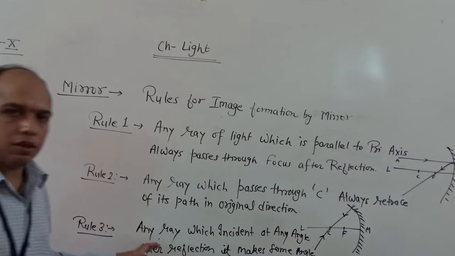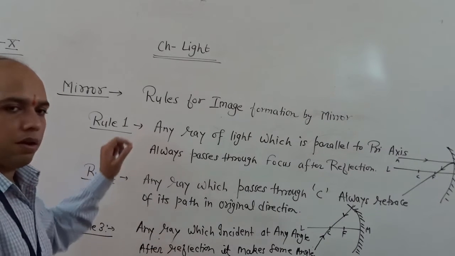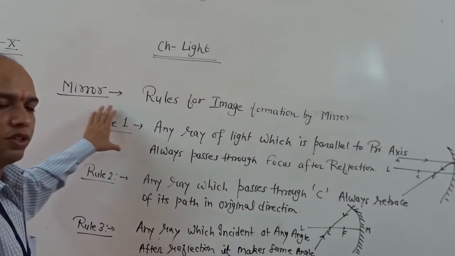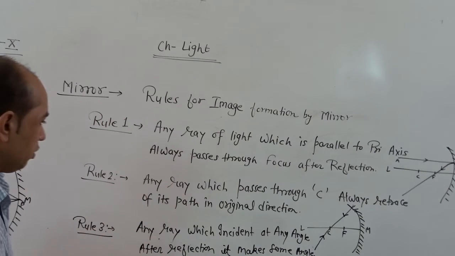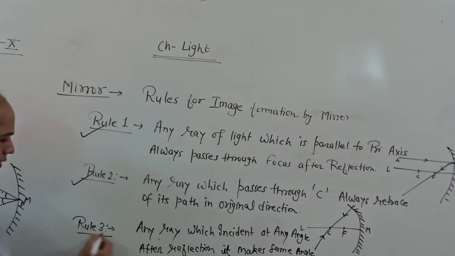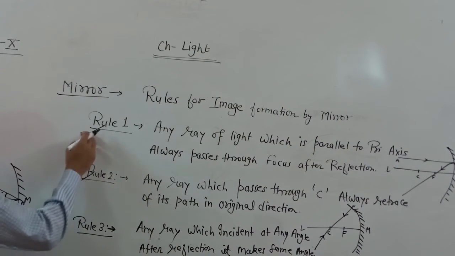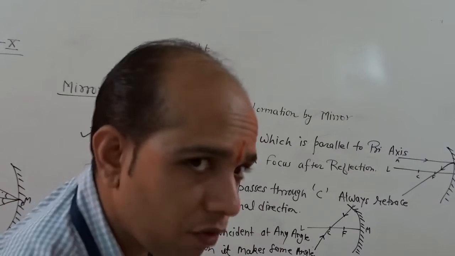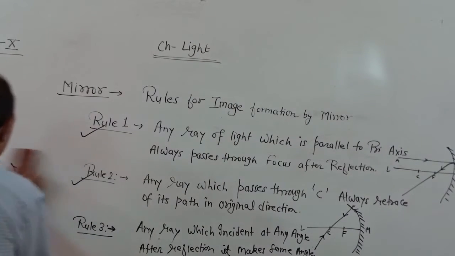These three rules are applicable to the concave mirror as well as the convex mirror. In image formation we mostly use the first two rules, and the third one when required. Otherwise the first and second rules are very important to draw the image formation. Now we come to image formation by the concave mirror.